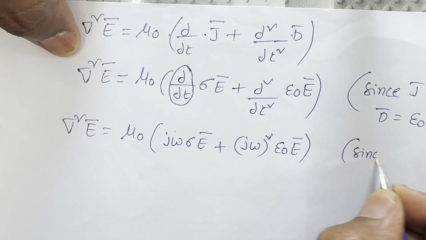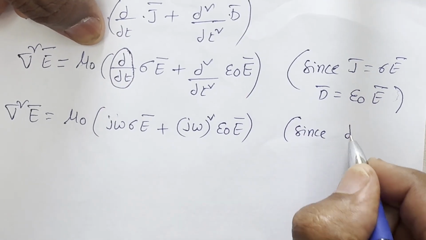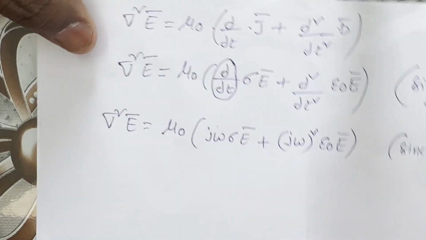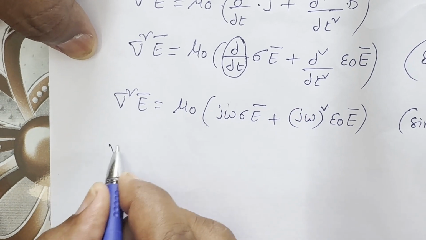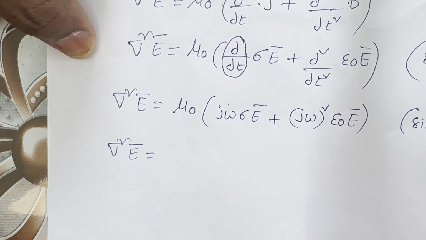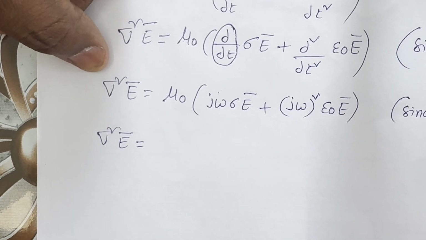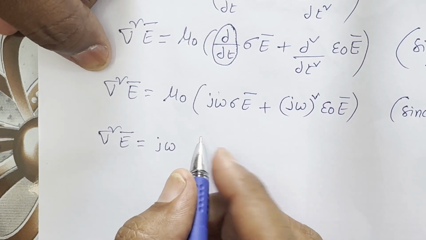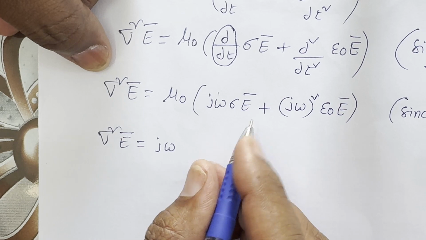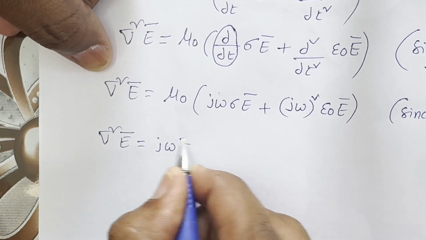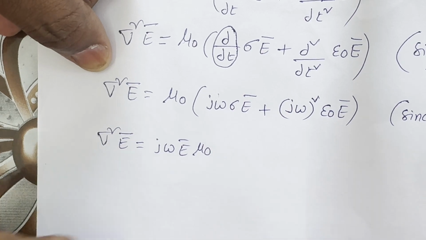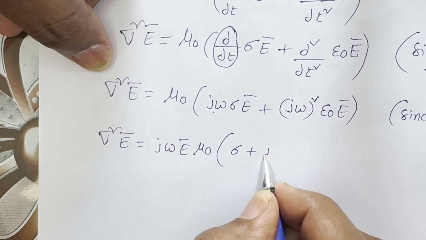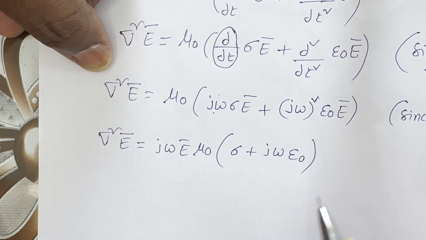That is, since dou by dou t equals j omega, del square E bar equal to, taking some common terms, j omega and E bar. Mu naught already existed here, so j omega mu naught into sigma plus j omega epsilon naught.